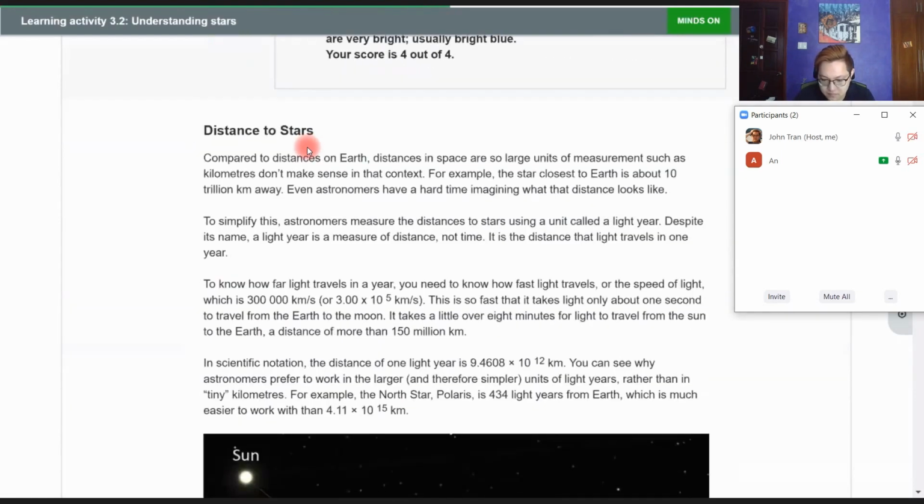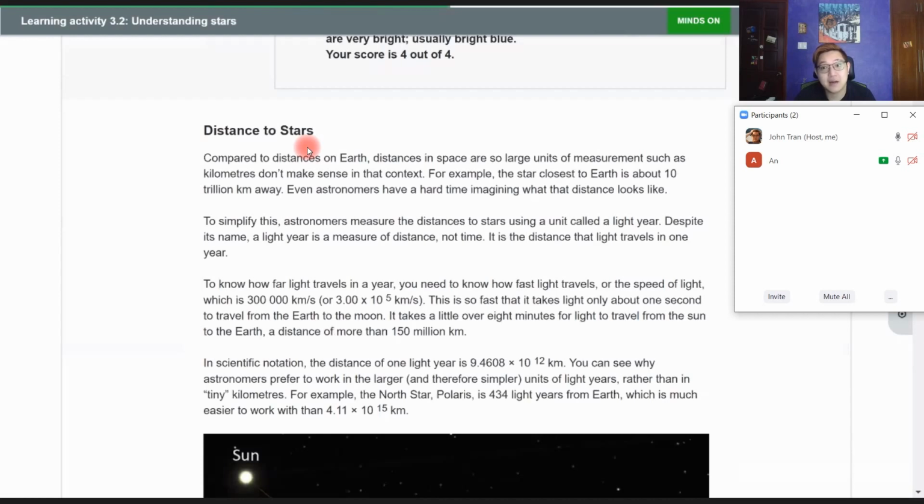Distance to stars. Compared to distances on Earth, distances in space are so large. Unit measurements such as kilometers, no, we don't use kilometers anymore, because in outer space it's just so large. Kilometer is nothing now. We measure with light years, you know.